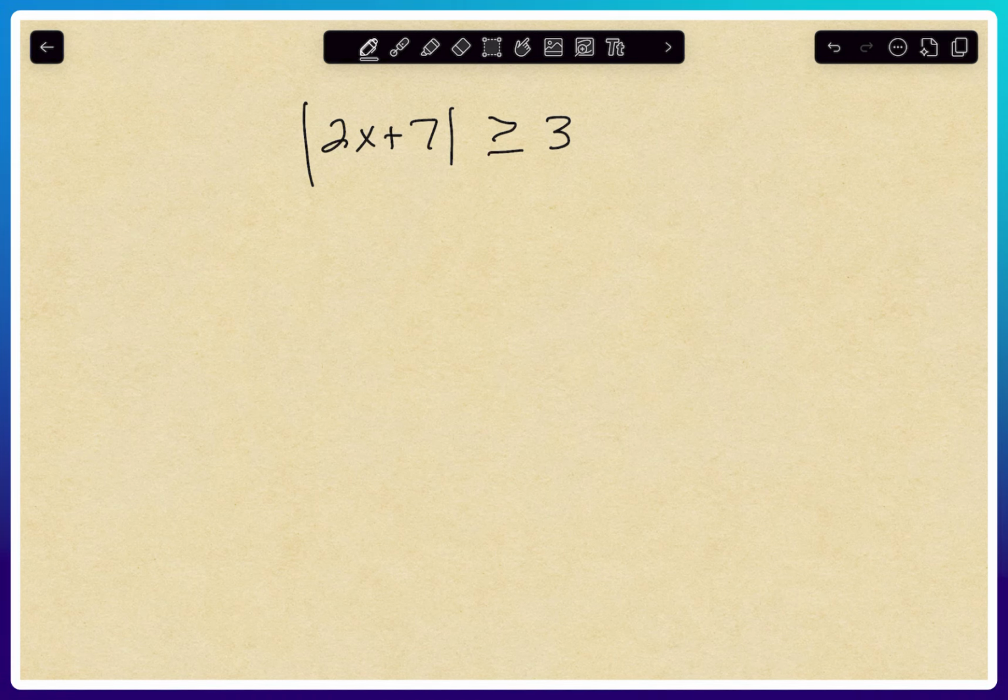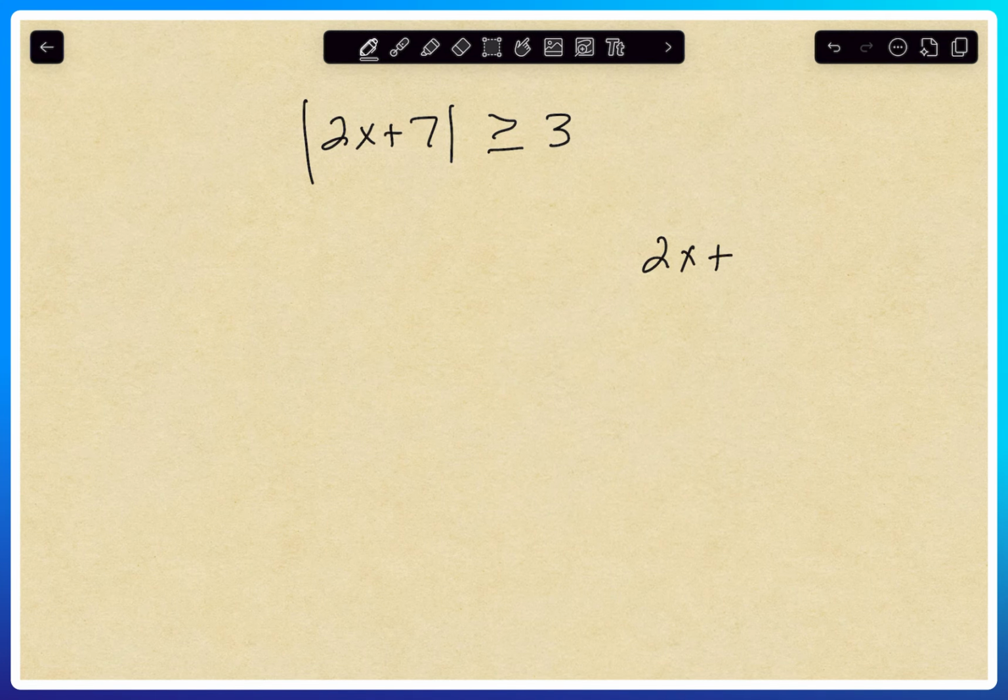The first one, let's put the bigger one on the right. Things that move to the right of the number line move to the right. So we'll say 2x plus 7 is greater than or equal to 3. Now, if this whole thing could equal -3, obviously it would be less than.